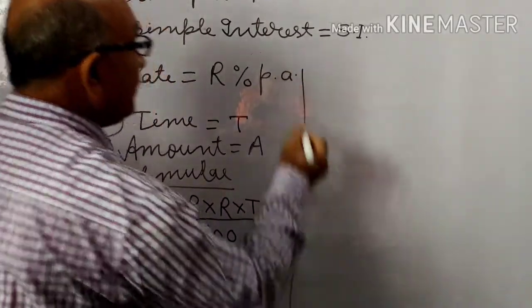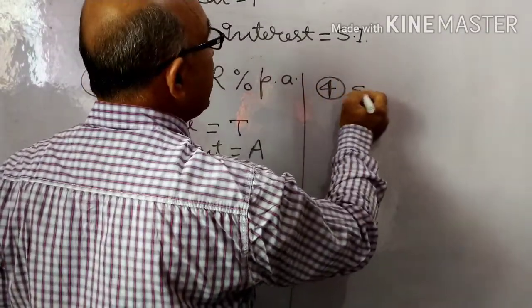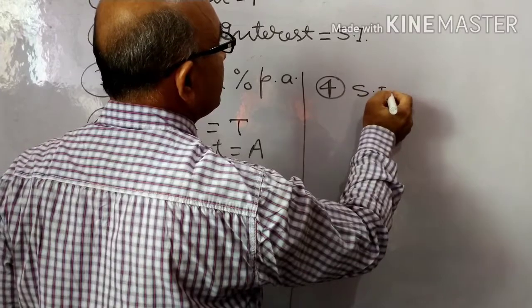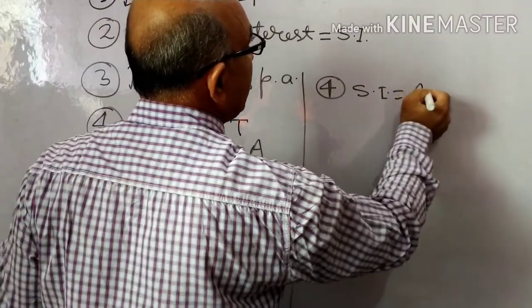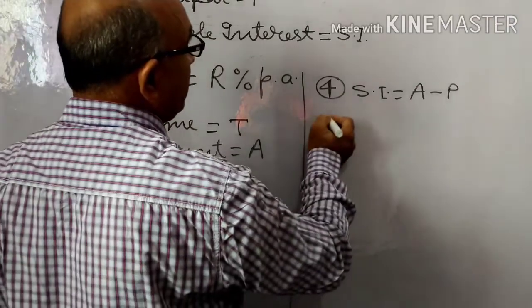And formula number 4: SI equal to A minus P.